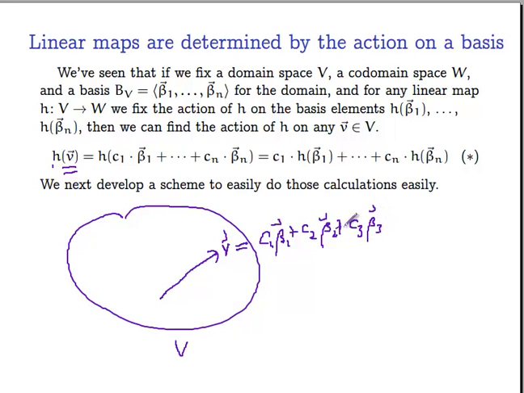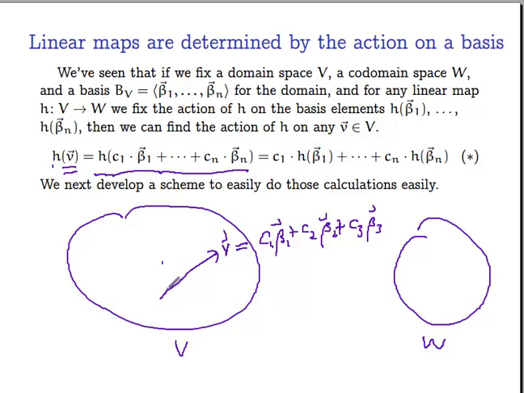I won't draw it, but you can imagine you do some combination, go along beta 1 for a certain distance, then you go along beta 2 for a certain distance, then you go along beta 3 for a certain distance, and you obtain V. Now, this vector V is also going to go to a vector in W, so I want H of V, and we will use the linearity property to say, well, okay, if V is some linear combination of the basis vectors, then H of V is the same linear combination of H of the basis vectors.